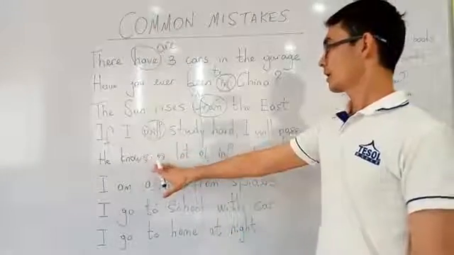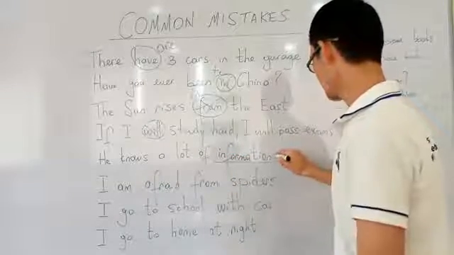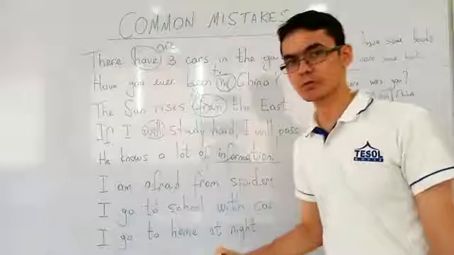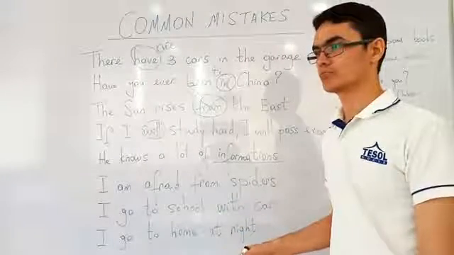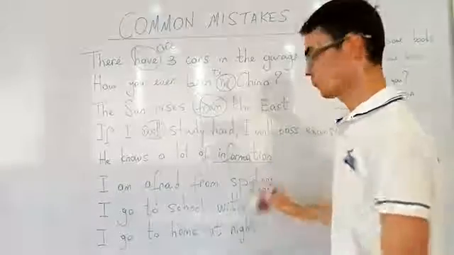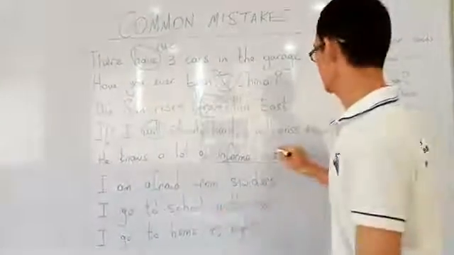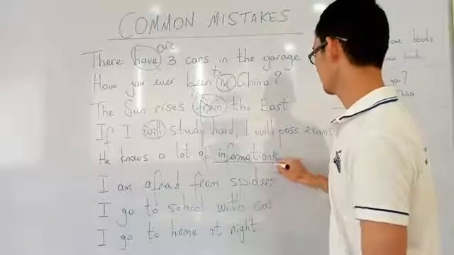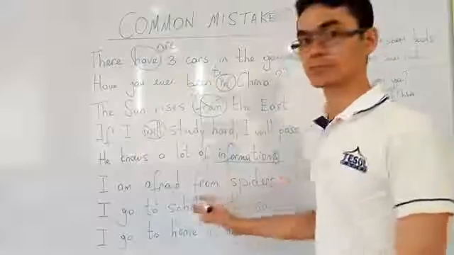Next example, "He knows a lot of informations." When you look at that example, information is an uncountable noun, okay? We cannot count it, okay? So when we can't count it, we can't use the plural ending. So we just say he knows a lot of information.